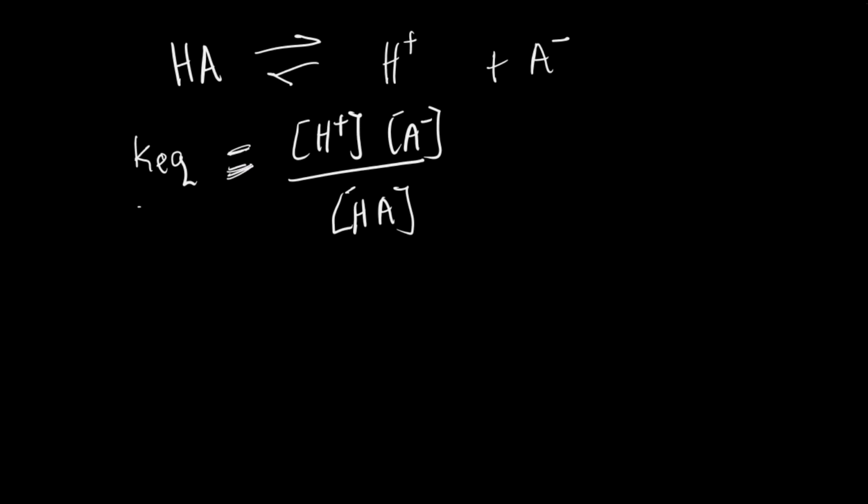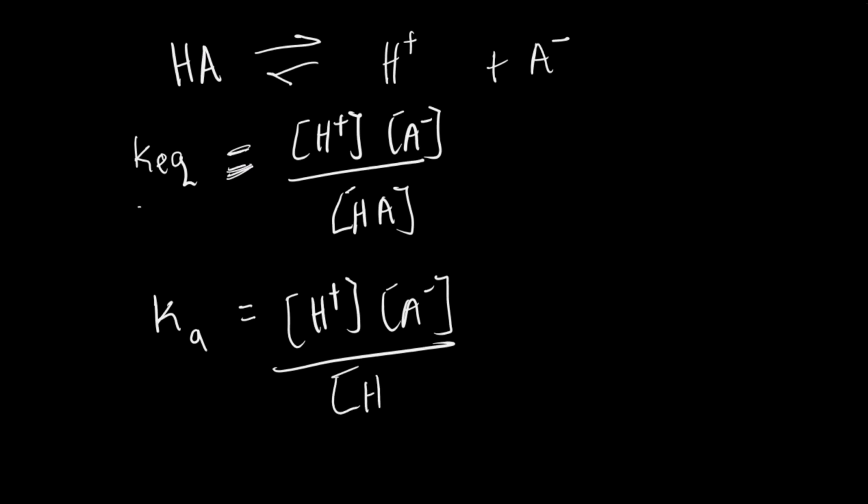Now, because this is an acid, we don't refer to this as an equilibrium constant, but we refer to it as the Ka, or the acid dissociation constant. So Ka is equal to H plus concentration, A minus concentration divided by HA concentration.